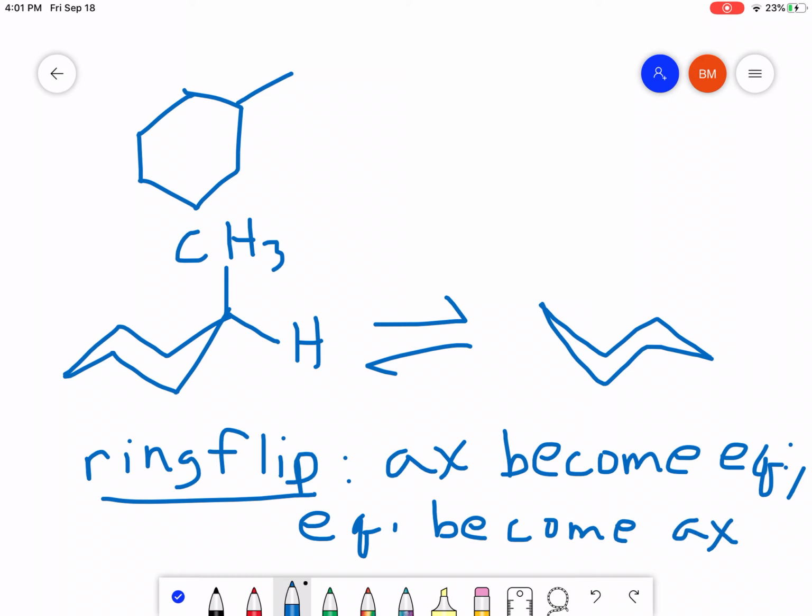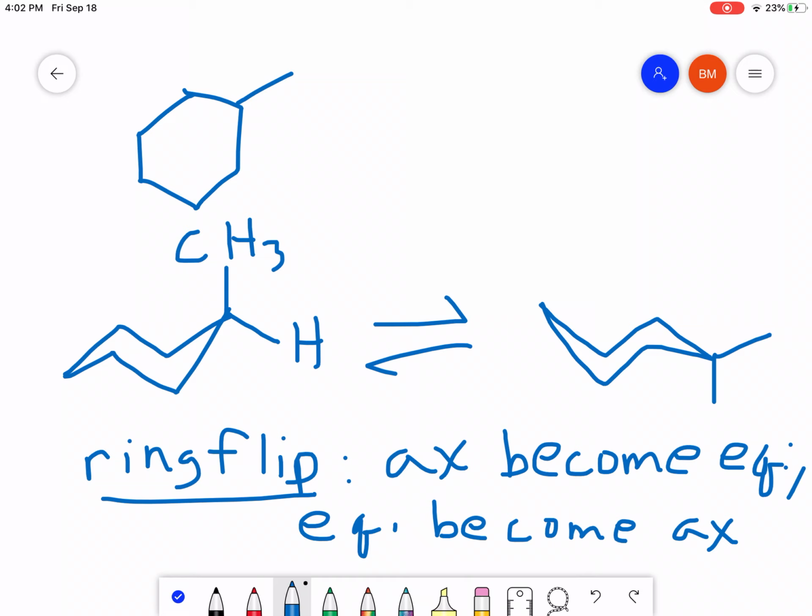And we can see that with methyl cyclohexane. Again, let's take this end carbon, carbon number 1, and draw the axial and equatorial bonds. Once we did a ring flip, now we know that this is a down carbon, so the axial bond should point down, and the equatorial bond should slant up.